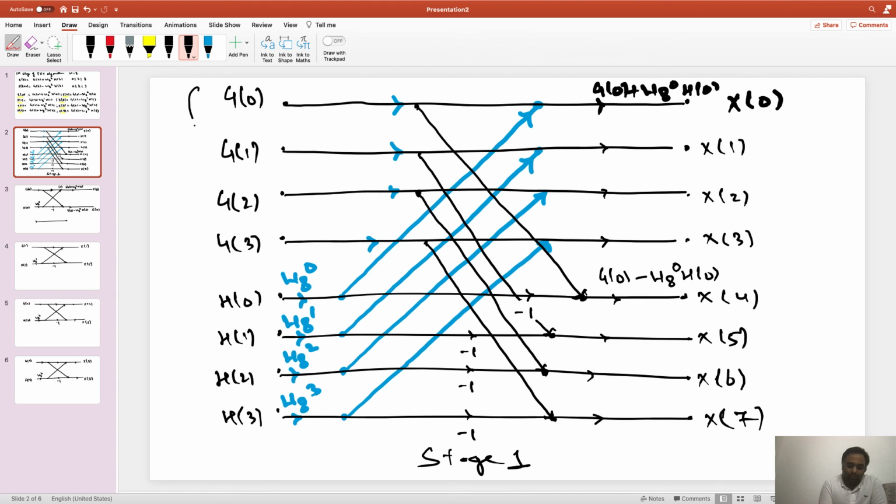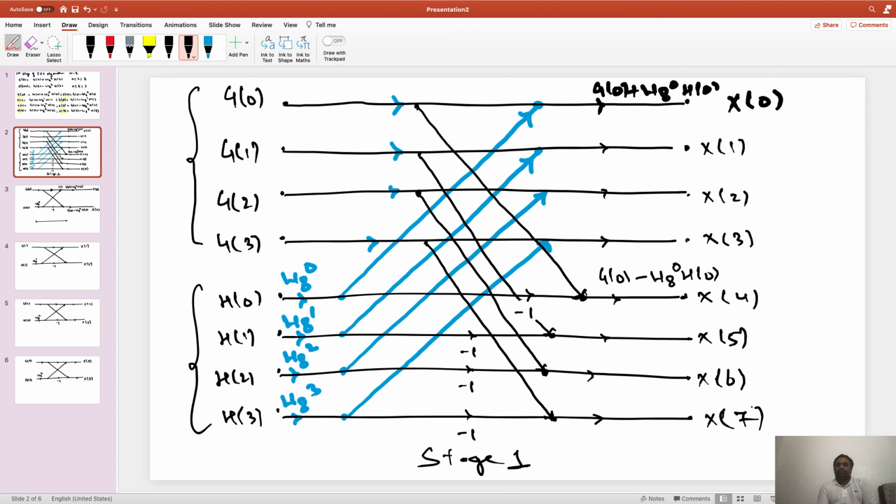You see these 4 and these 4 are primarily the DFTs of sequences small gn and small hn, together combining in this crisscross manner, they give you the entire DFT capital Xk.